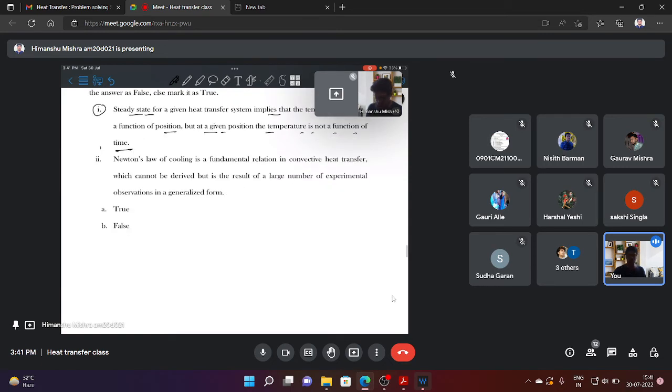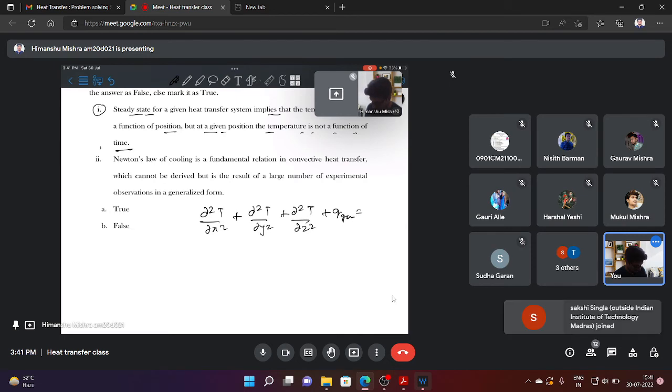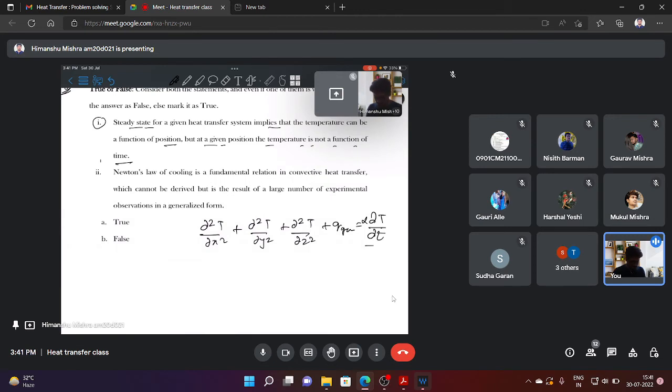So the conduction heat transfer can be governed by the differential equation, which is the second derivative of T with respect to y, plus some heat generation, equals some change in temperature with time. So the first statement says that for the steady state, the temperature will be a function of space only and not time.